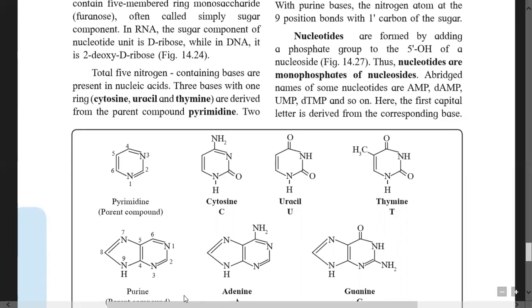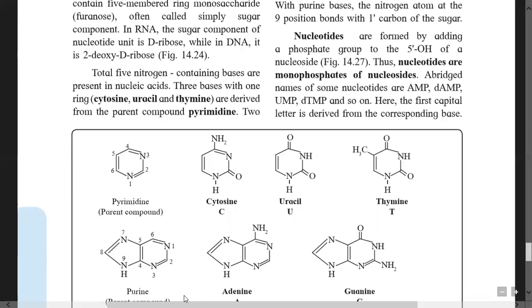The structure of pyrimidine is a 6-membered ring containing nitrogen at first and third position and single and double bonds in alternate positions. Then in cytosine, in addition to this pyrimidine, a double bond with oxygen is present at second position and NH2 group is present at fourth position.